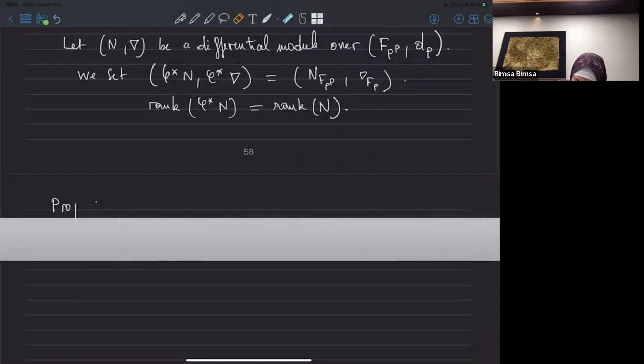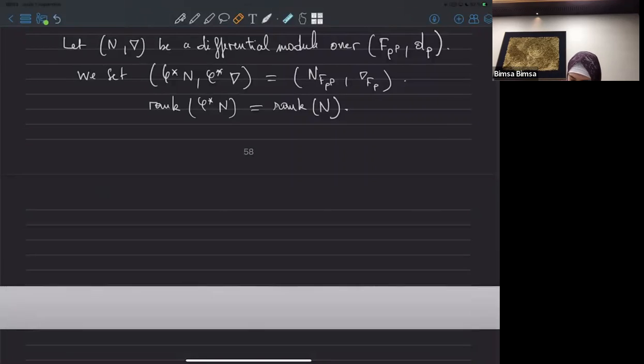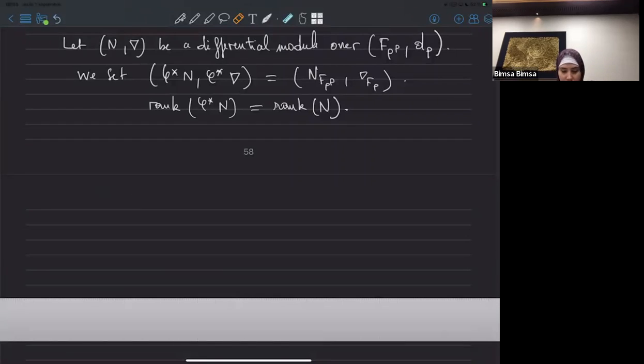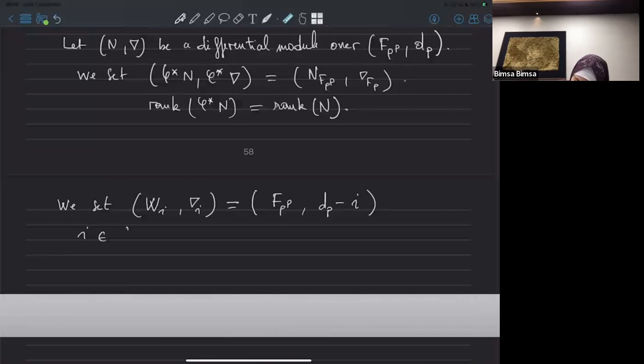No, before that. Then let omega I, nabla I be just a differential module on P with d/dp minus I, and this I is in the set 0 to p minus 1.